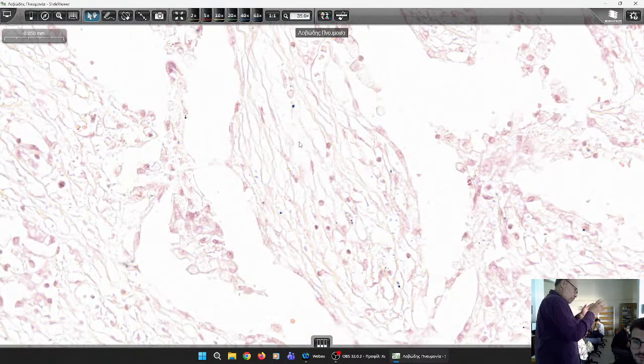So we had organization of the inflammatory exudate and chronicity in the form of fibrosis. Of course, there are other cases where fibrosis is not related to the persistence of an inflammatory exudate, but it occurs on its own.